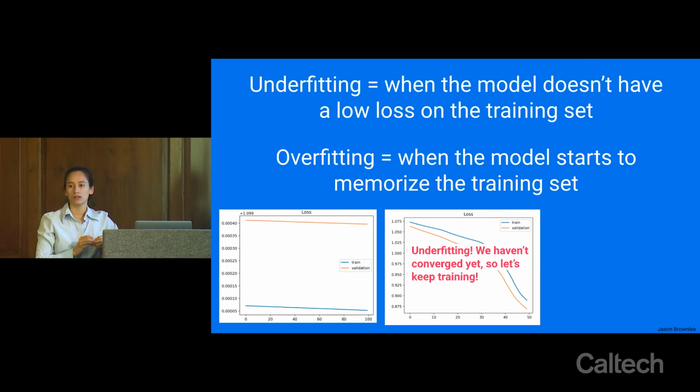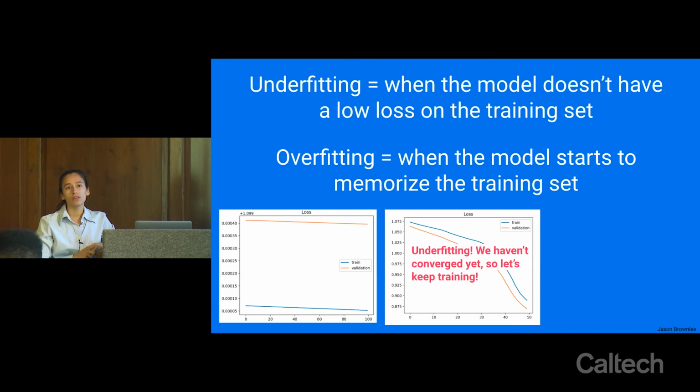I have a question about the first graph. If the slopes were going down, but there was a gap between validation and training, so the loss for training would be very low, but the loss for validation would be high, would we in that case call it overfitting?